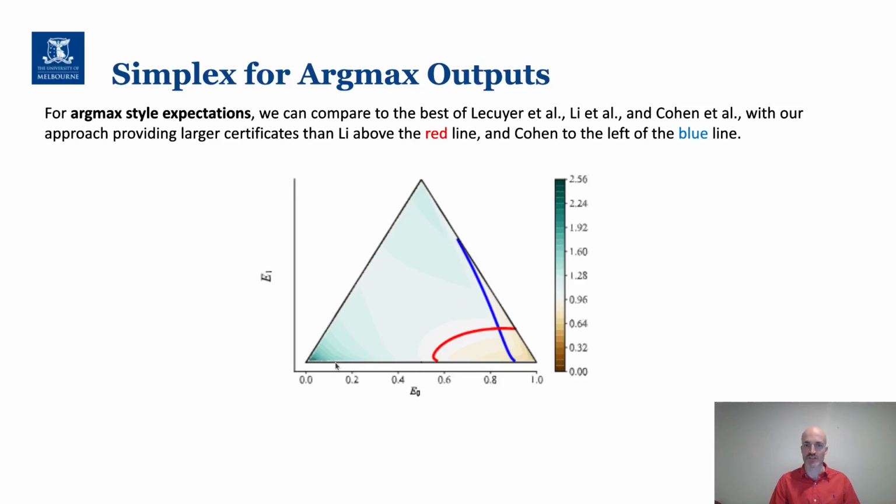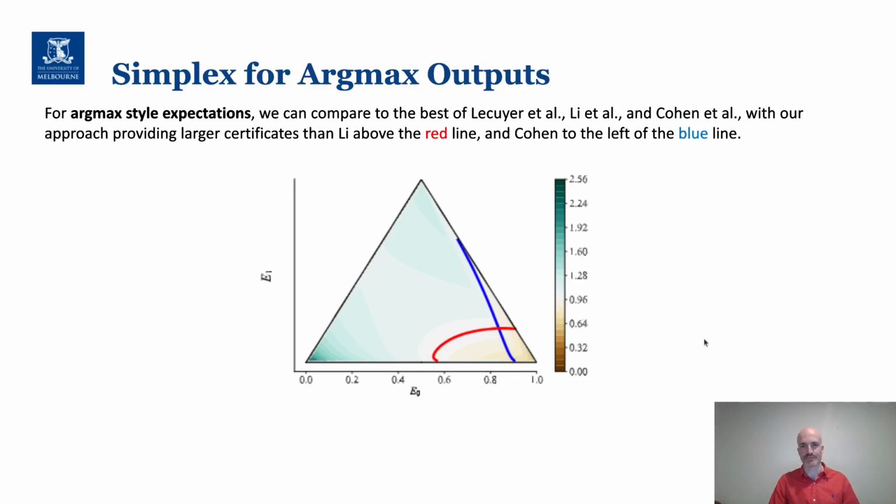In the region below the red line, Lee's approach performs best, and to the right of the blue line, Cullen's approach performs best. And so now we've got this way of capturing why a sample might be more suited to Cullen's approach or Lee's approach or our approach, based upon where it sits in the simplex of possible outputs.